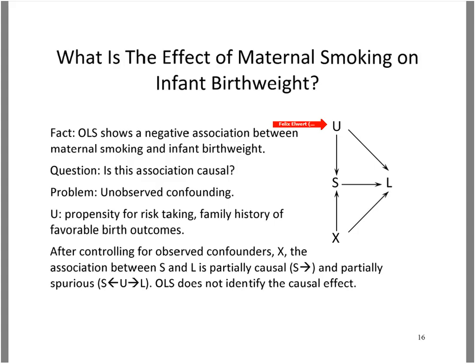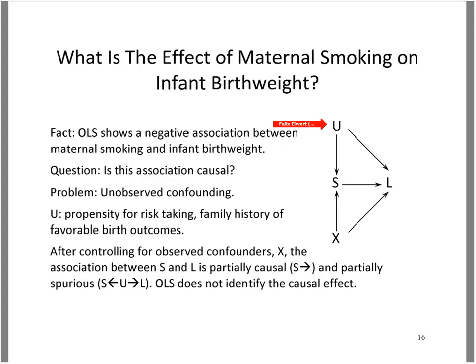Those unobserved factors might include the mother's propensity for risk-taking. So for example, it might be that there are women who take a devil-may-care attitude towards their pregnancy in general, so hence they might be more likely to smoke, but they might also be more likely to drink and ride monster trucks down rocky slopes, which might affect the health of the infant and hence cause low birth weight. Okay, so certainly there are unobserved risk factors between S and L.